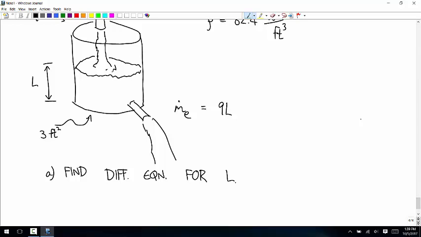We're going to assume that if we put a value in for L in feet, the answer that comes out is in kilograms per second. In this case, I guess pound mass per second. That's right, because the pressure depends on the height of the water.